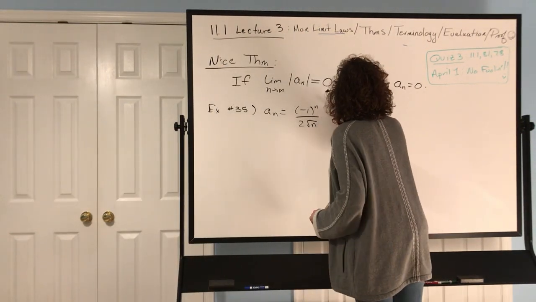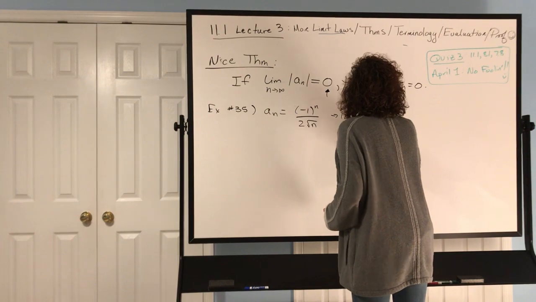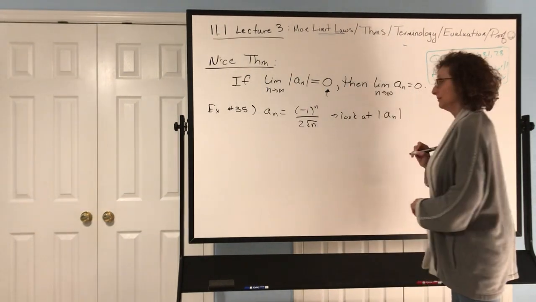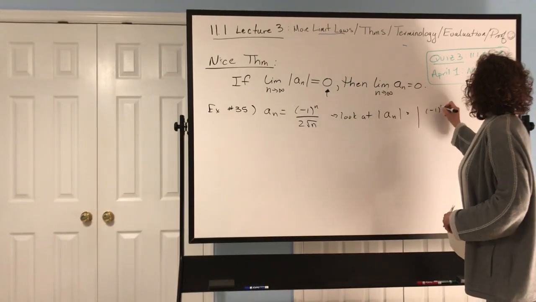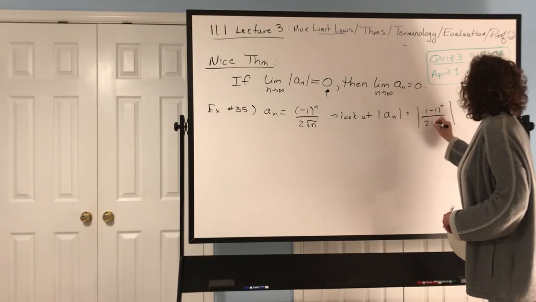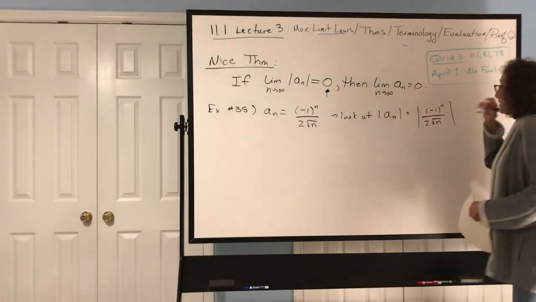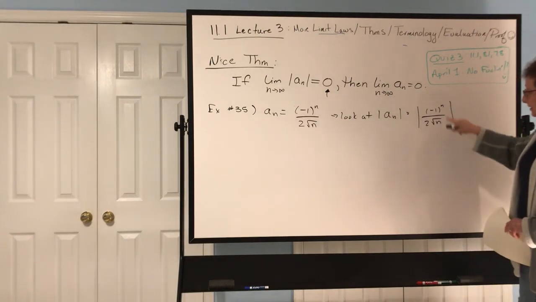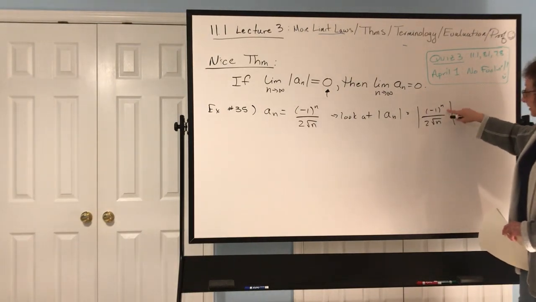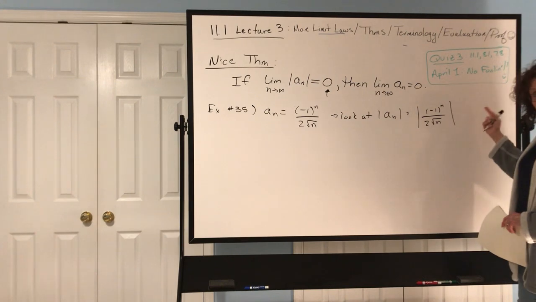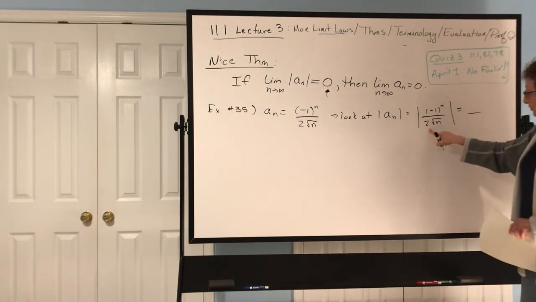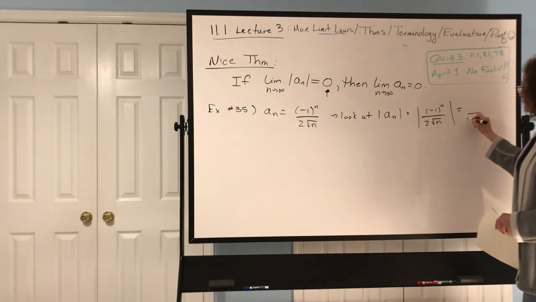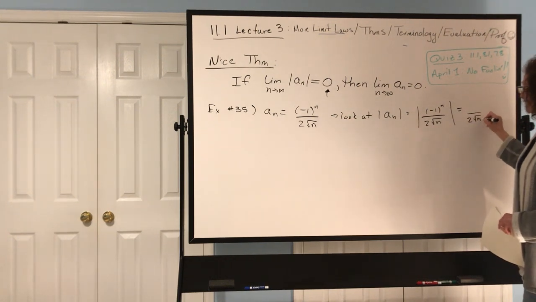So let's look instead at the absolute value of a_n, okay? What is the absolute value of this expression? We saw last time the absolute value of a quotient is the quotient of the absolute values. The denominator here, 2 is positive, square root of n is positive, so the absolute value of that is 2 times the square root of n.